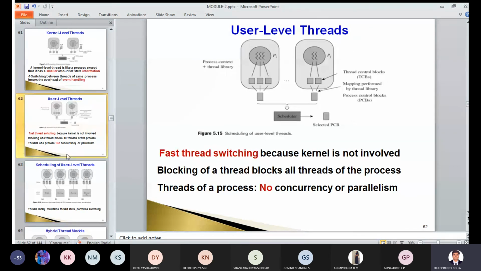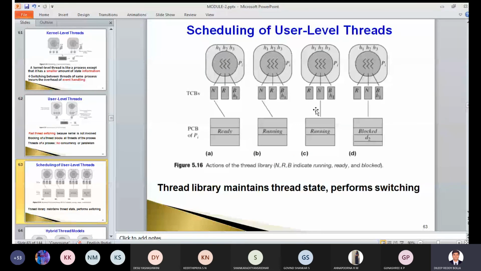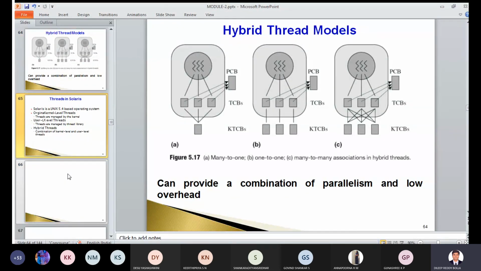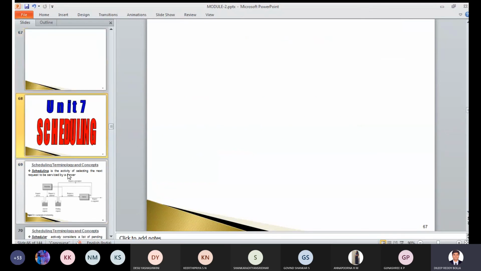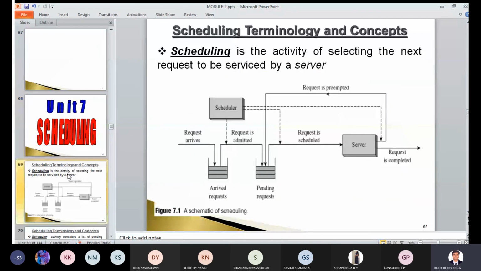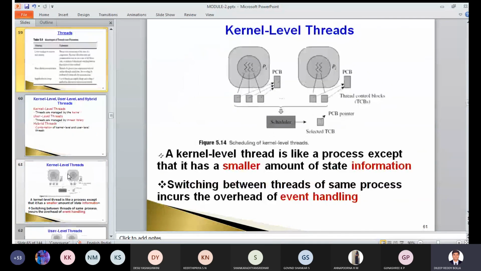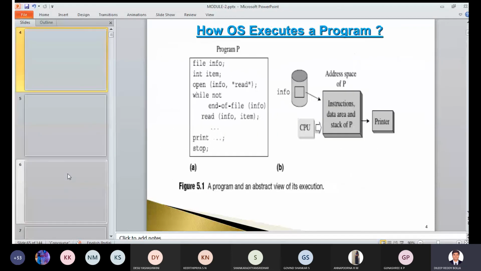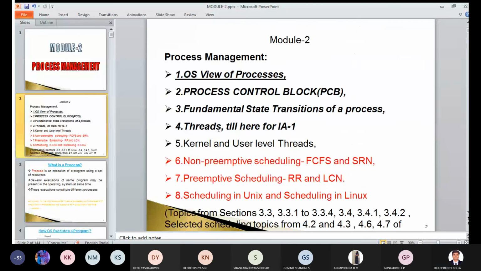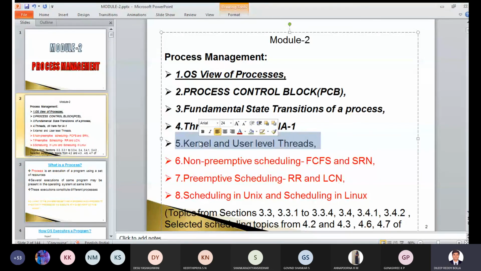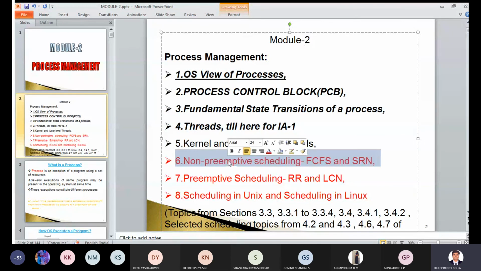So let us stop here, and next class we will see how scheduling is done at the user level and how hybrid threads work, with some examples, and we'll start the scheduling part. As of now, if you look at the syllabus, we have discussed kernel and user level threads. We'll finalize that in the next class, and move on to the scheduling part.